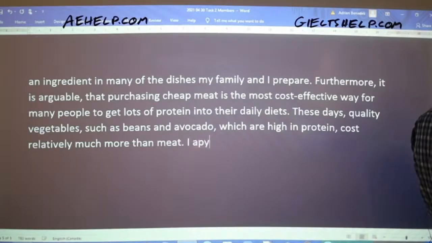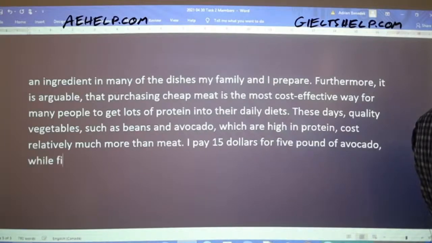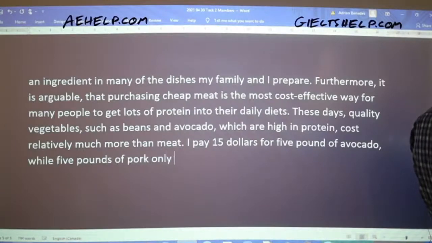I pay $10 or say $15 for 5 pounds of avocado, while 5 pounds of pork only costs around $6.